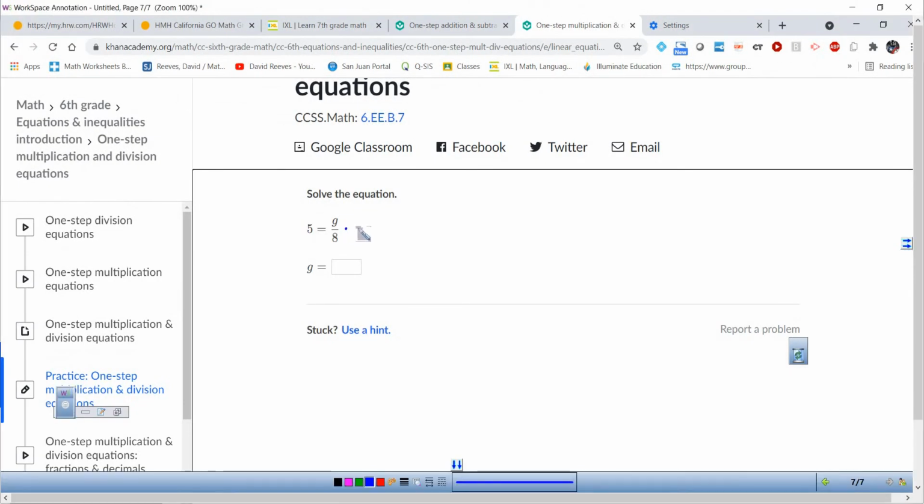So I'm going to multiply both sides by 8. That's going to give me g is equal to 40, because when you do those inverse operations, whatever was with the variable will go away. It cancels out because they undo each other. And again, we could check our answer. 5 is equal to 40 divided by 8.